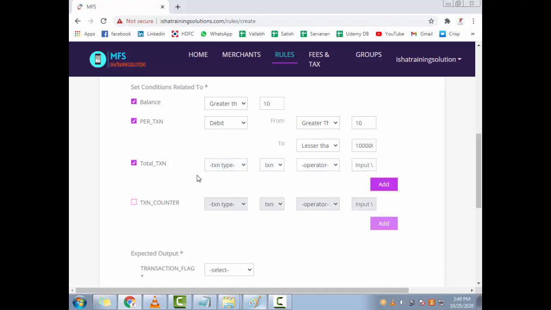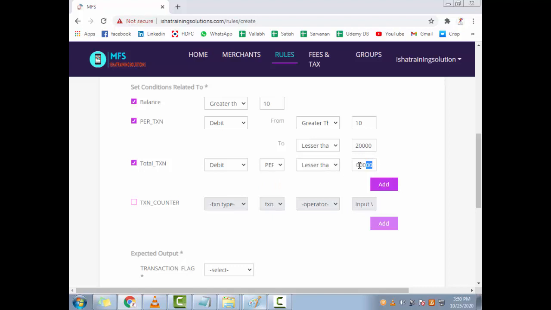Now the total transaction amount he can send per day. Here, instead of 100,000 we will say per transaction minimum 10 rupees, maximum let's say 20,000 rupees. And per day he cannot send more than 100,000.